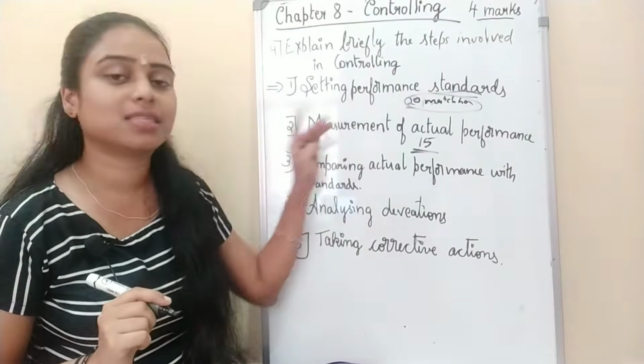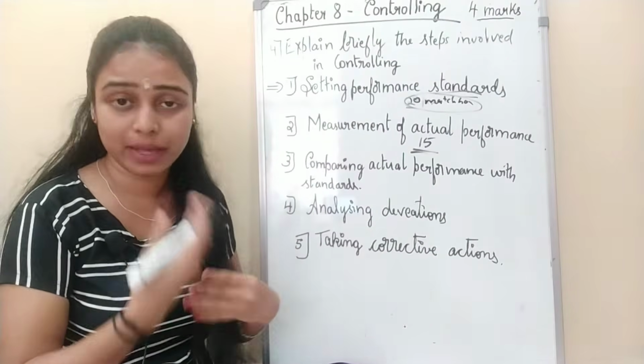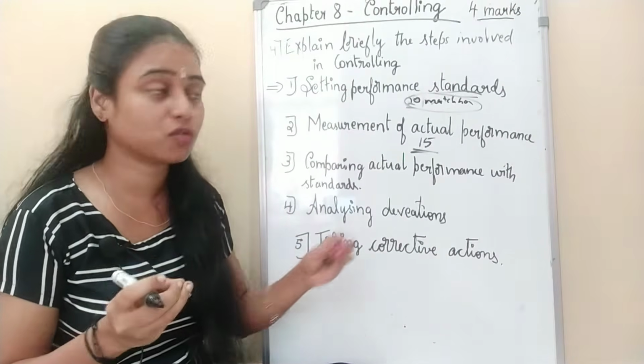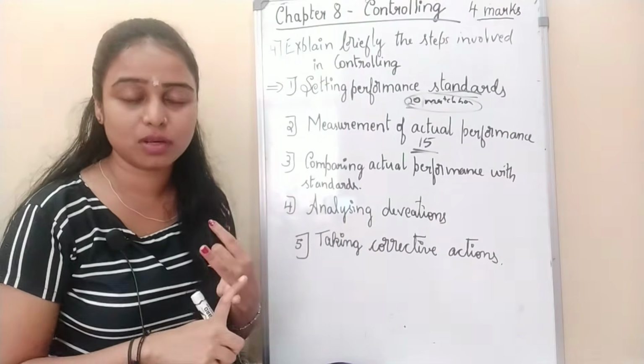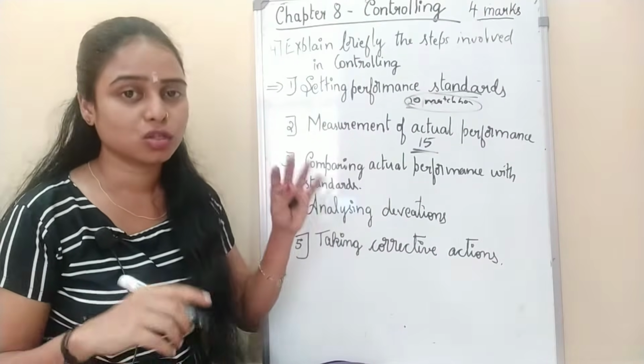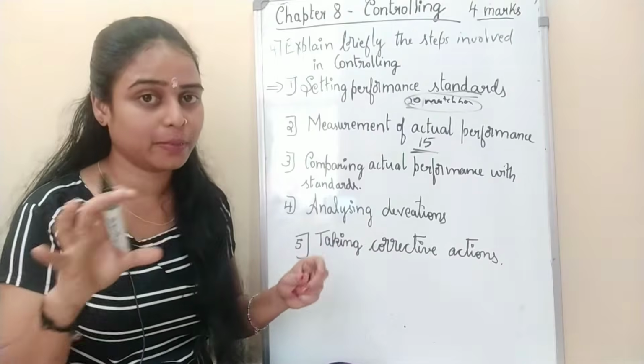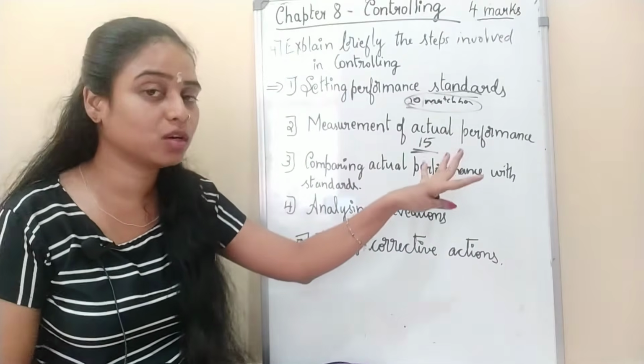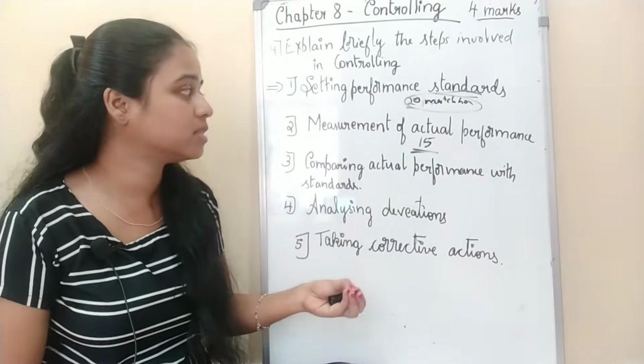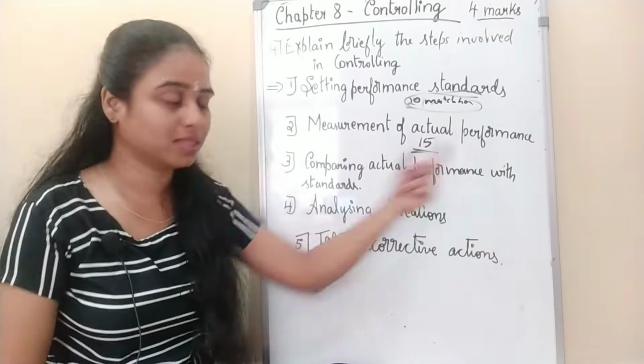So this is the second step. There are different methods for measuring the actual performance, like personal observation, sample method, and checklist method. You can mention the different methods of measuring actual performance when you write the answer. So we are measuring the actual performance in the second process.